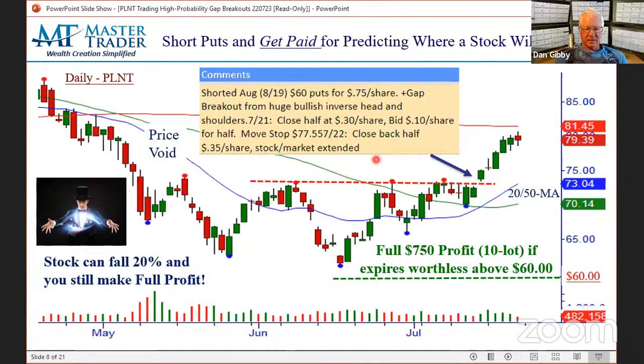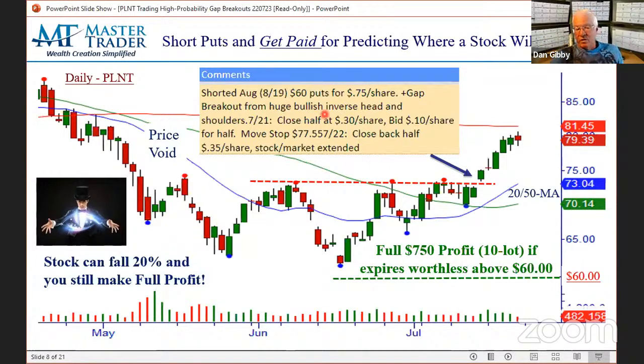Correct. That could be one. But number two is we entered this when it was 30 or 31 days to expiration. So it's more expiration than we're used to. That's number one. But number two is it did have earnings coming up, which is going to jack up the premiums. But I agree with you.